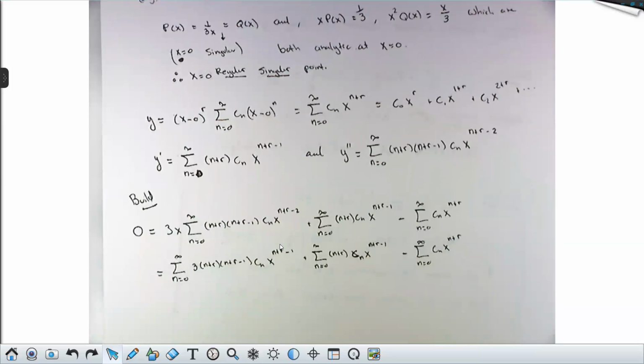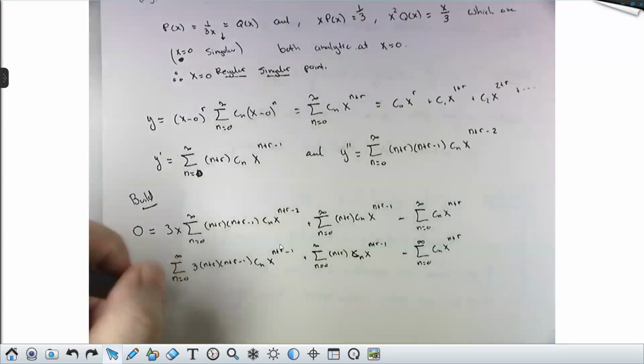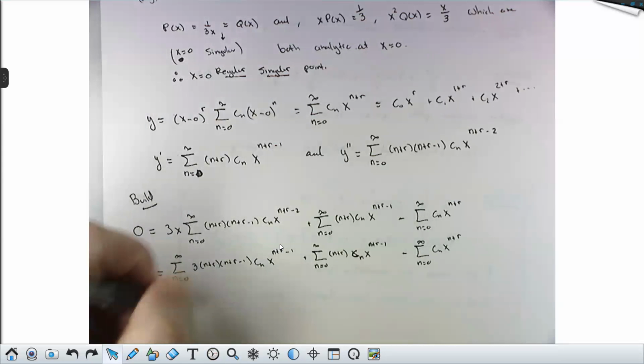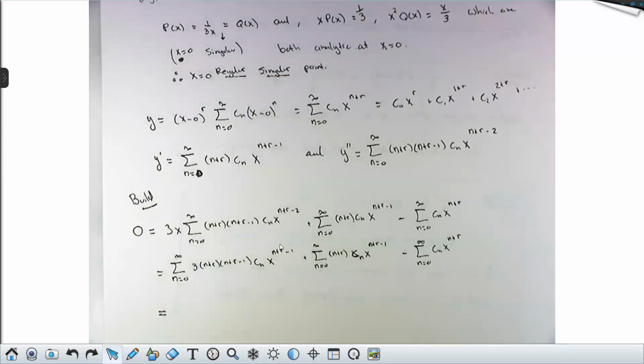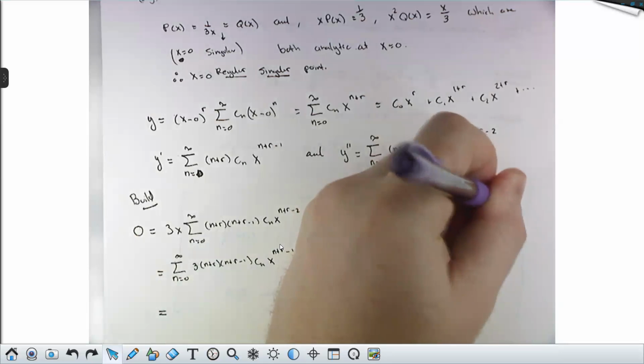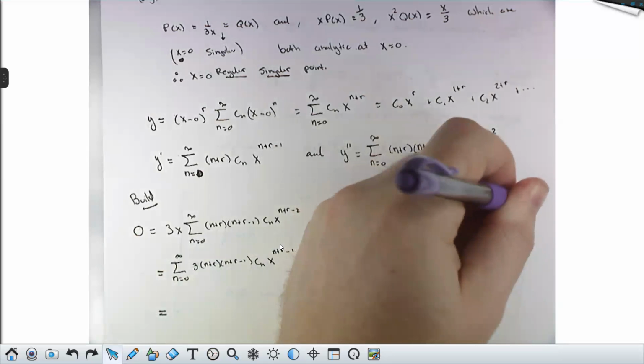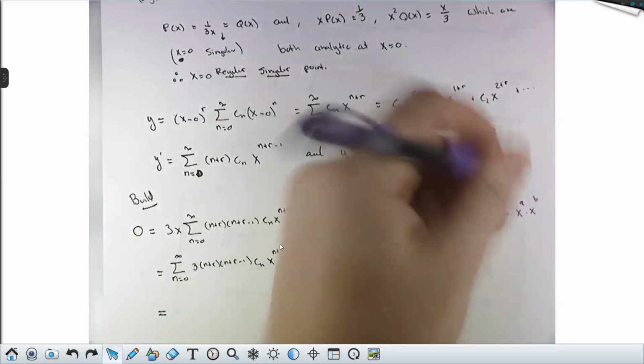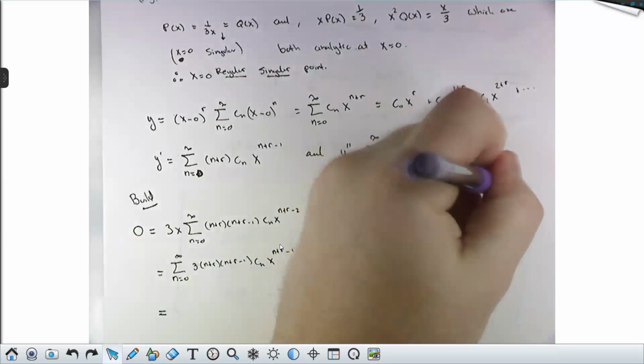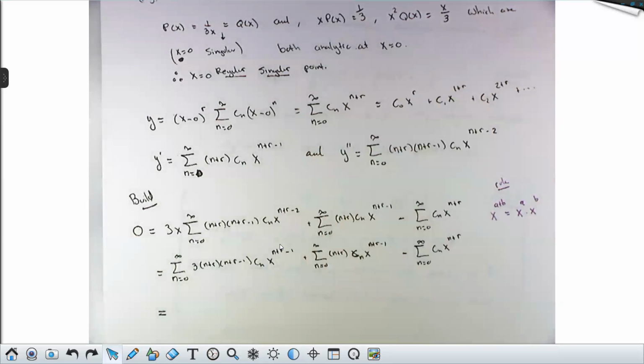Kind of a sneaky move here. From the first 2 terms, I'm going to factor x to the r. Actually, I'm going to factor x to the r from the whole thing. So remember, x to the a plus b is the same as x to the a times x to the b. Just a little algebra rule. So this x to the n plus r minus 1 is x to the r times x to the n minus 1.